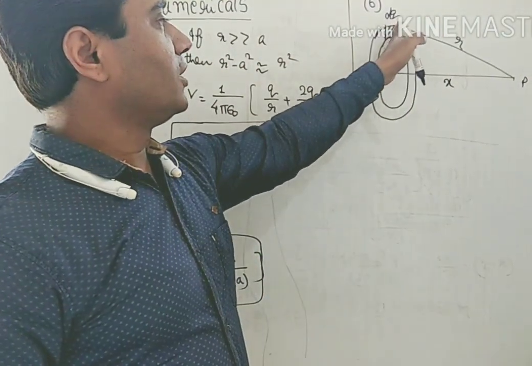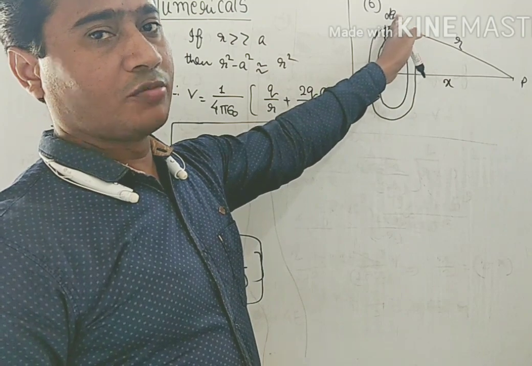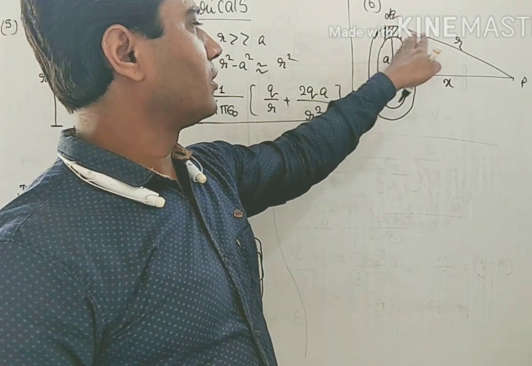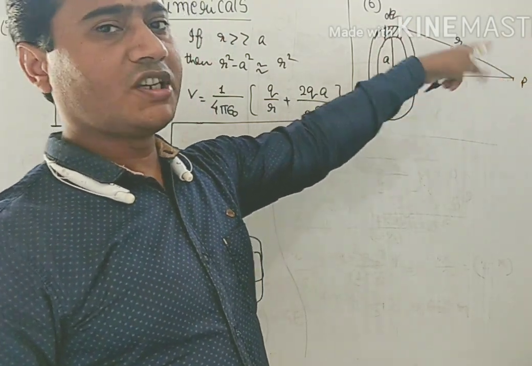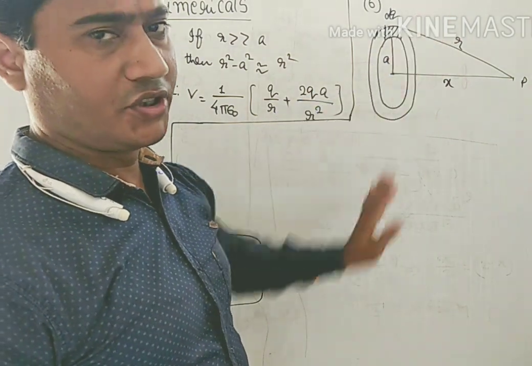So we'll be writing the electric potential due to this small element of the ring at point P. Later on, integrating that, we can have the total potential.